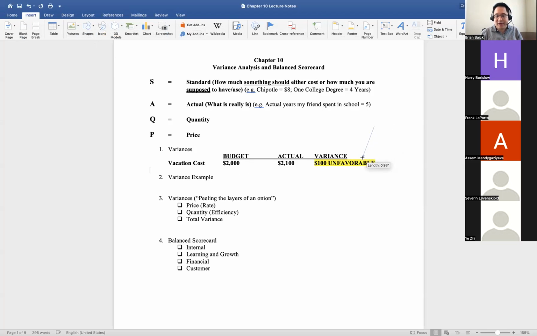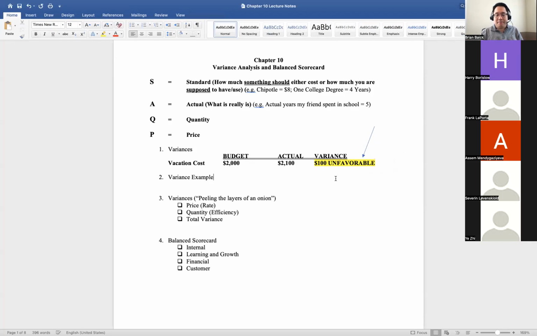We're going to peel the layers of the skin of an onion. That's what they actually call it. We're going to see why we are $100 over budget. Why is there a $100 unfavorable variance? We're going to explain more about this variance that we have.